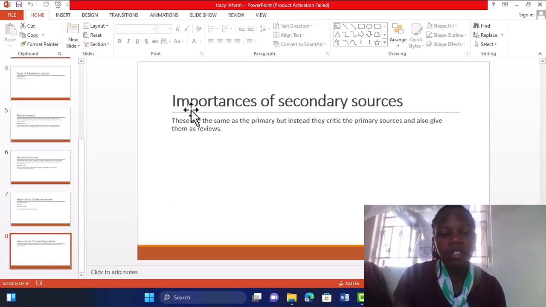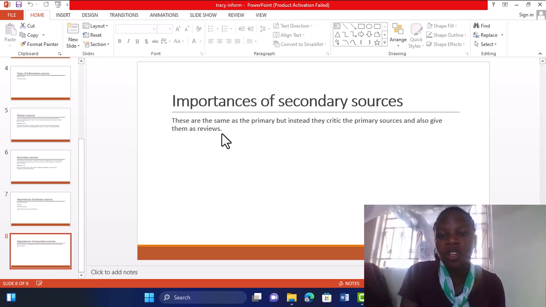These sources are similar to primary ones, but instead they critique the primary sources and also give us reviews. As I was saying earlier, secondary sources depend on primary sources to bring out information. That is why they say here that they critique the primary sources to give out information.